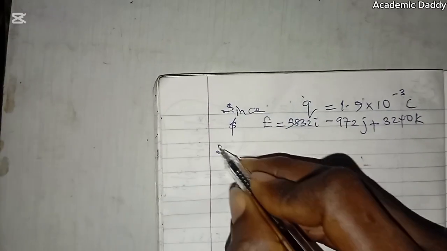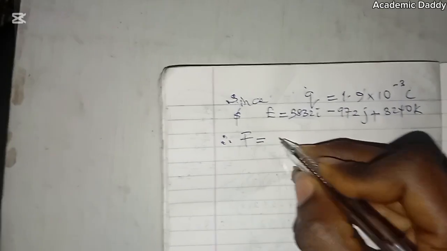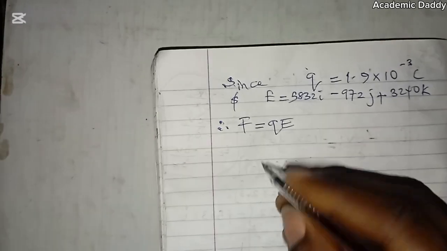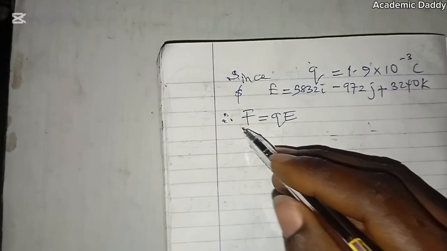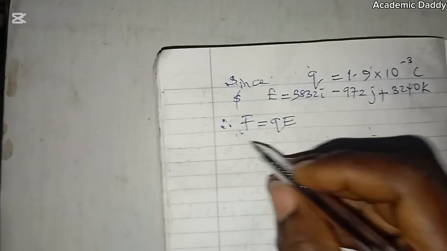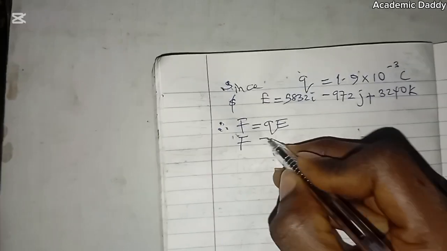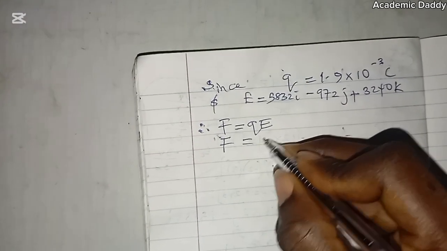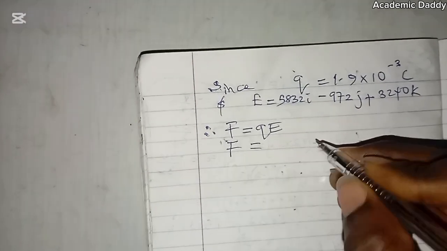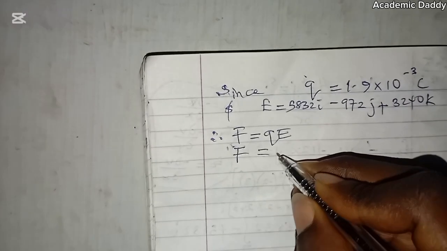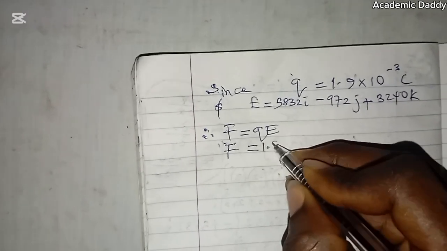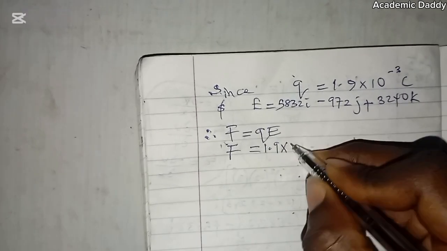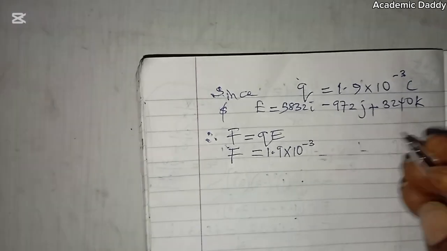Therefore, force being equals to QE, assuming they gave me mass and acceleration, it will be MA, but since there's nothing like that, electric force will be equals to Q. Q is simply 1.9 times 10 raised to the power minus 3.